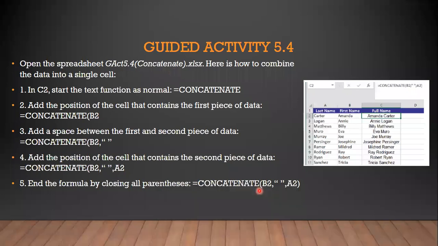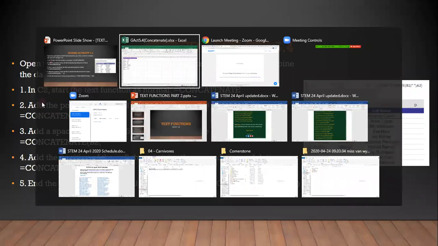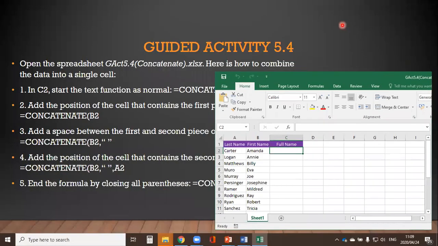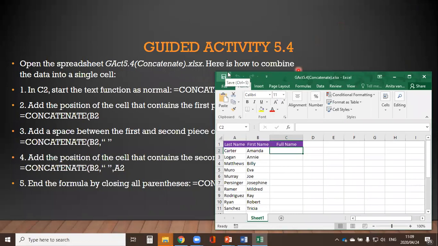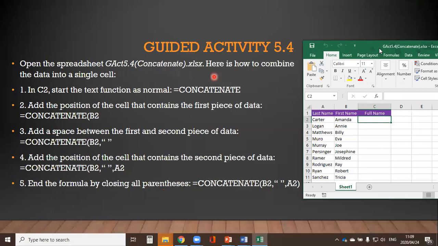Okay, there's my PowerPoint. What it says here, in C2, I'm going to see if I can bring it up so it is a bit smaller and I'll be able to see. In cell C2, start the text function as normal. I'm going to type equals concatenate.